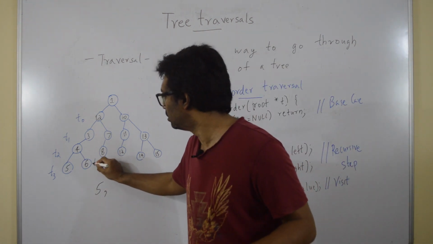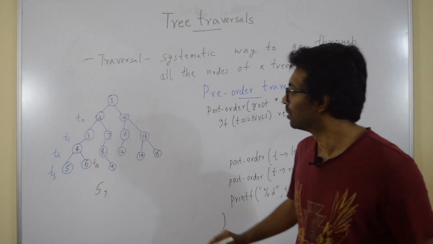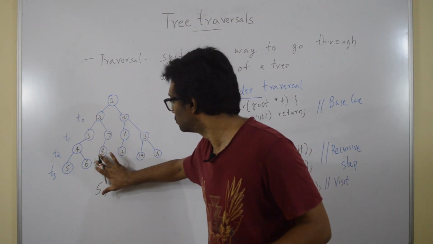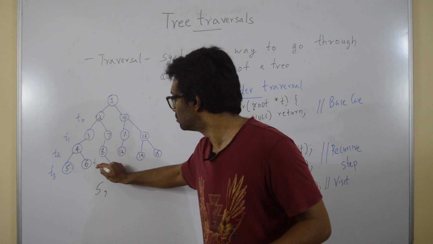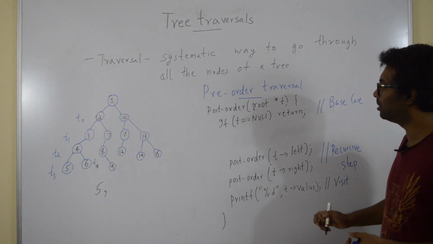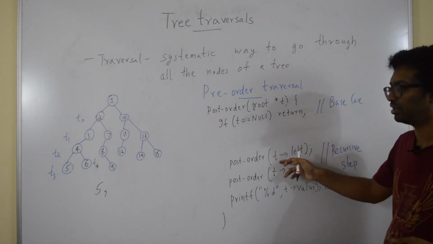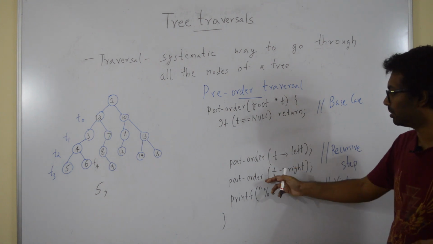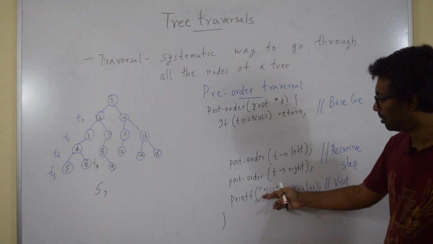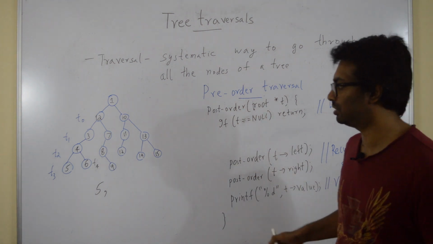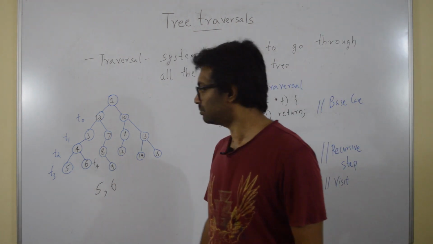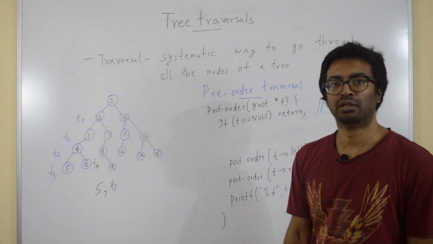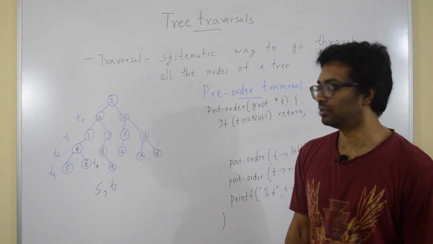Let me name it T4. I am in T4. Post-order T4 left is null, nothing happens. T4 right is null, nothing happens. Print the value of T4, which is 6. So 5, 6 done.